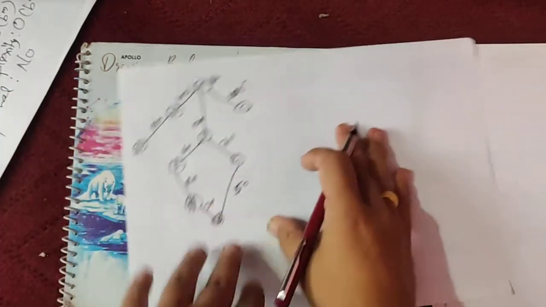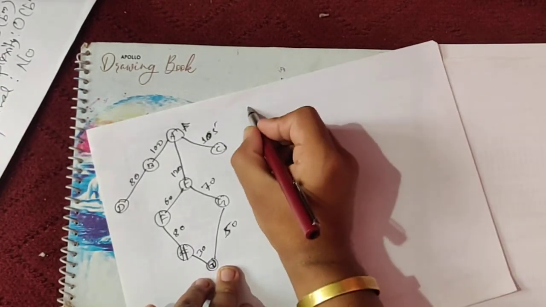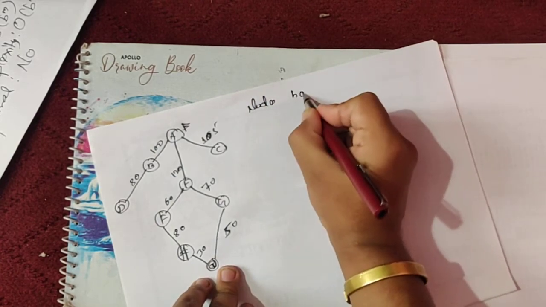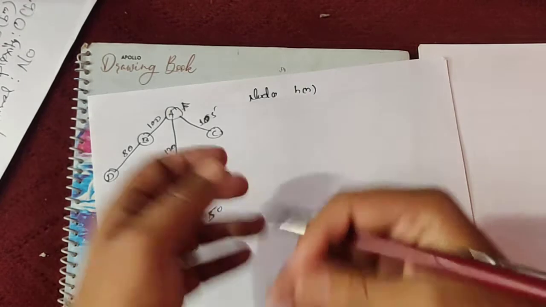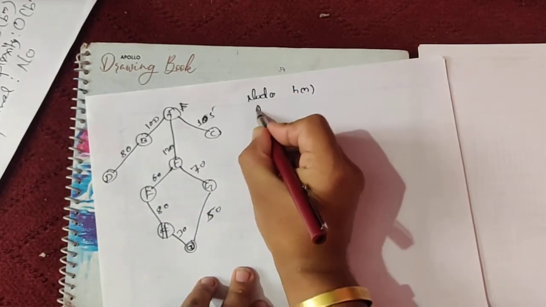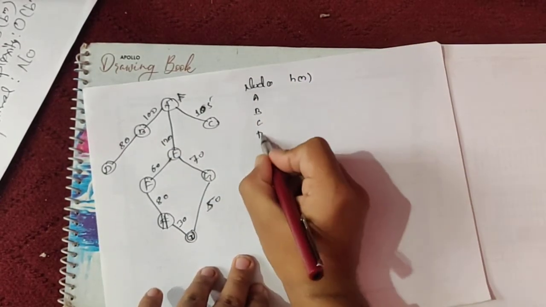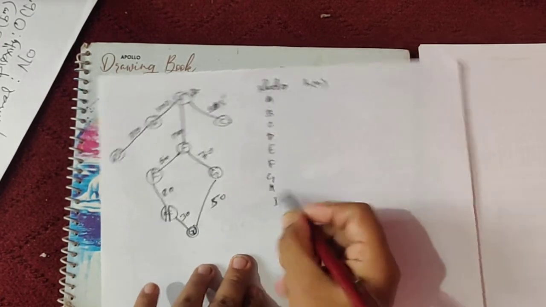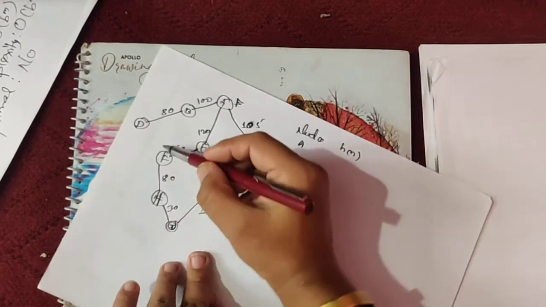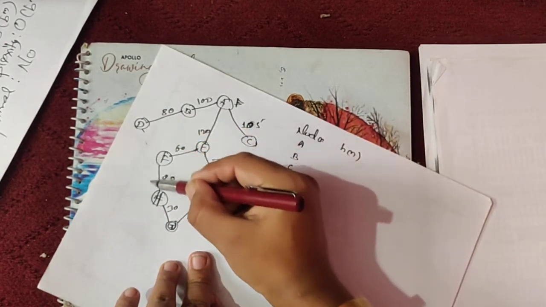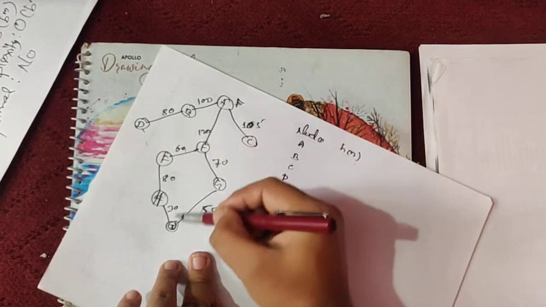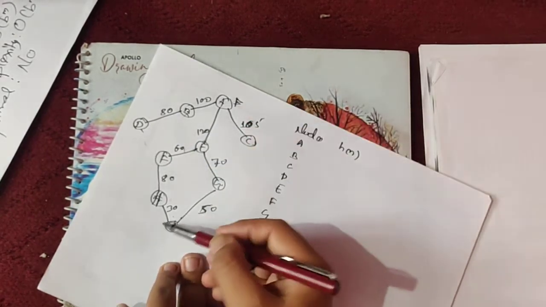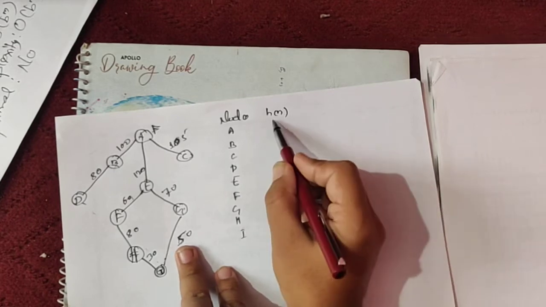Now the h(n), that means the distance from the goal node, is calculated as straight distance. So for nodes A, B, C, D, E, F, G, H, I, these are straight distance costs to I, that is h(n).